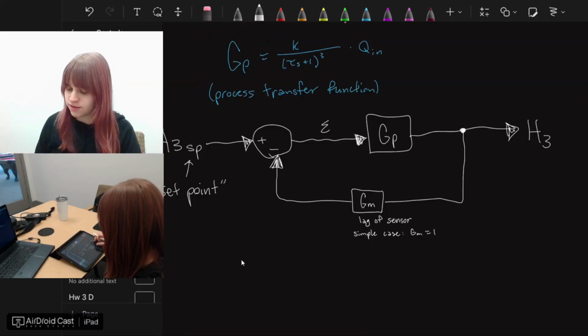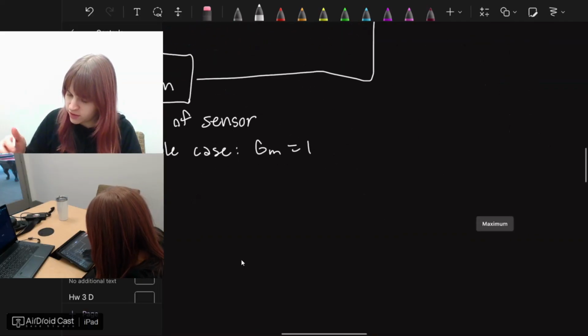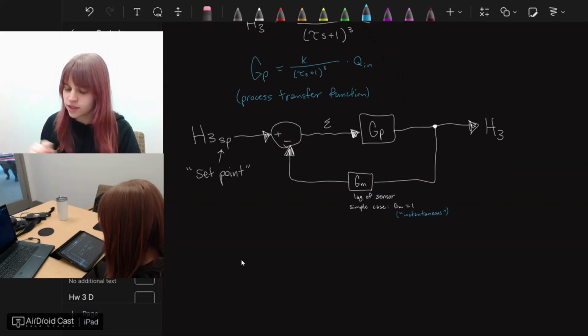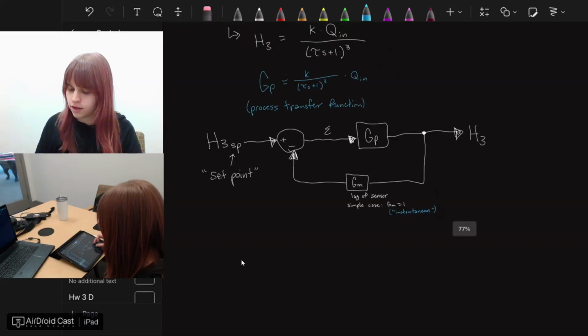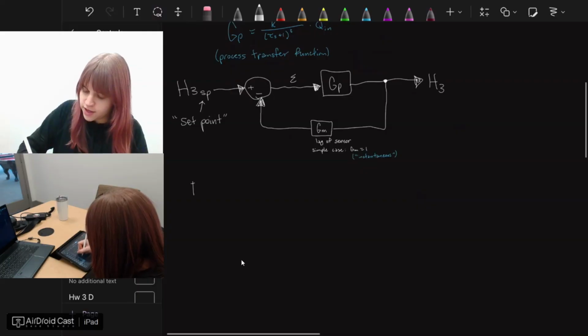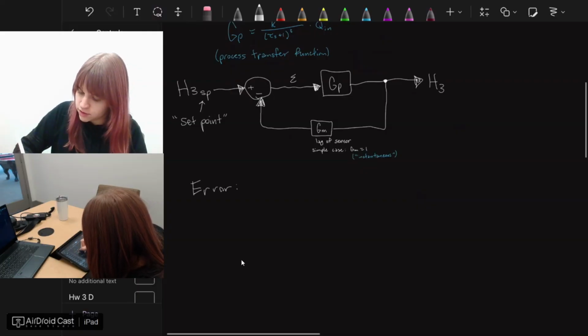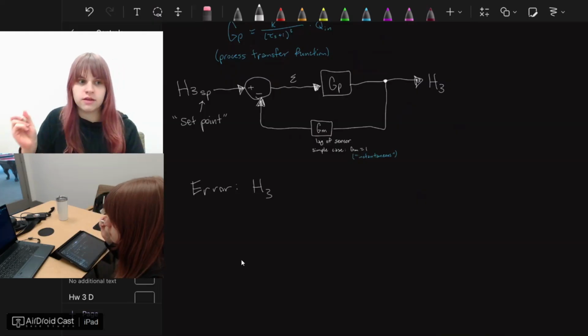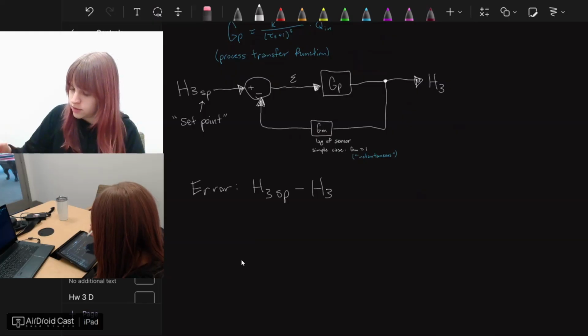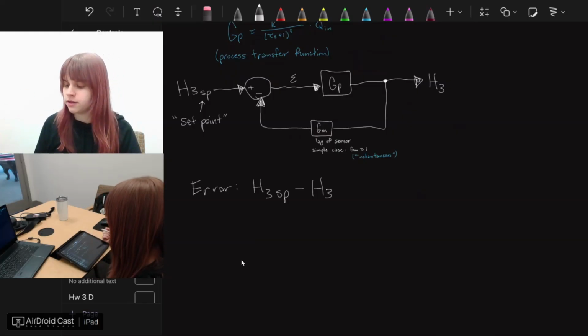That's going to influence that loop. So we're saying that it's an instantaneous sensor. As soon as the sensor senses what the height is, it'll immediately go through that loop. And so to define the error, that error is simply the difference between the set point of the height and the actual height that we're reading.